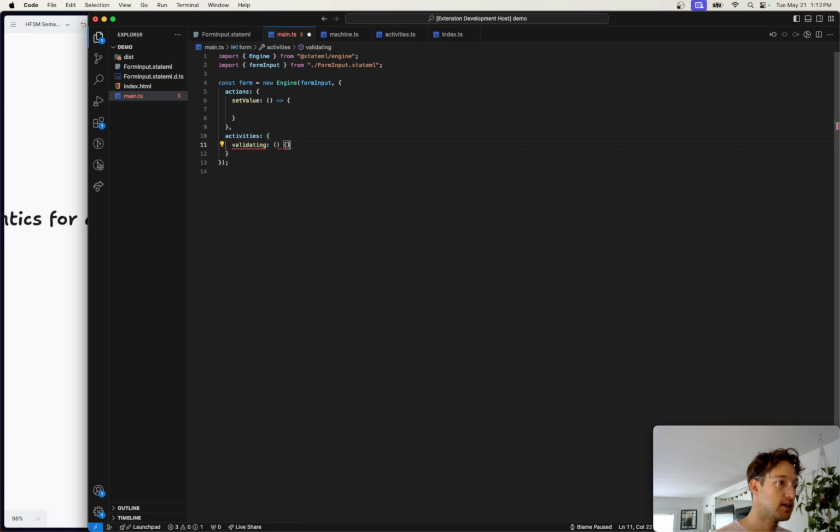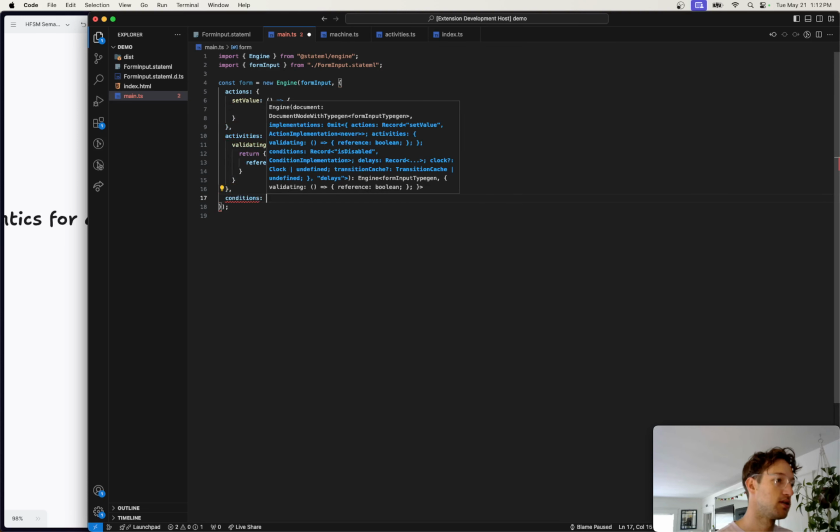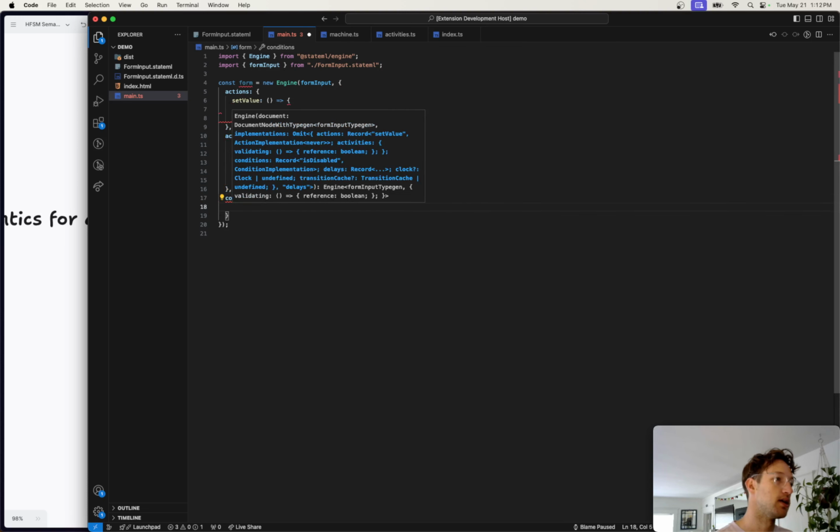So I'm just going to throw in an empty function here, and it's going to return a reference. Let's just make it 1 right now, or true. Now the last thing that we need to do is implement some conditions. So the condition is disabled, and it obviously autocompletes. So let's implement that.